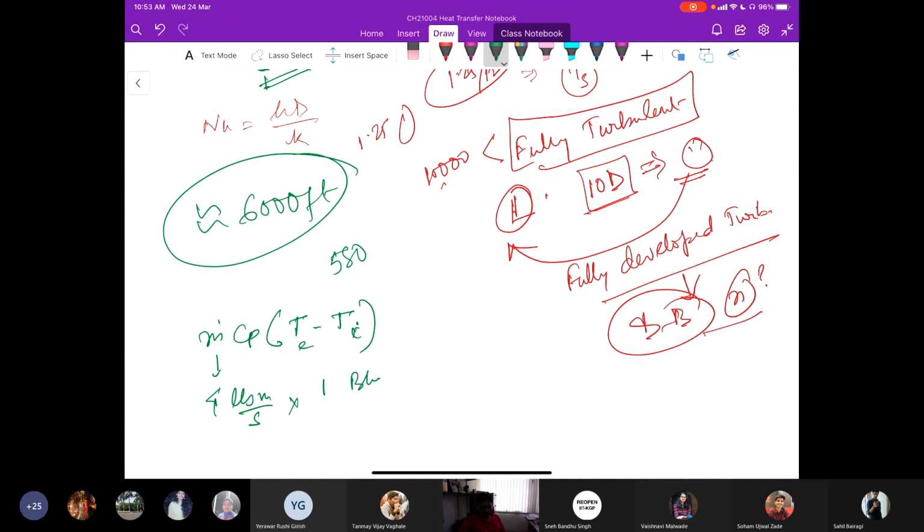So here you have BTU per pound mass per degree Fahrenheit multiplied by 155 degrees Fahrenheit. So here pound mass cancels out, Fahrenheit cancels out. So I have 155 multiplied by 4. This much BTU per second.